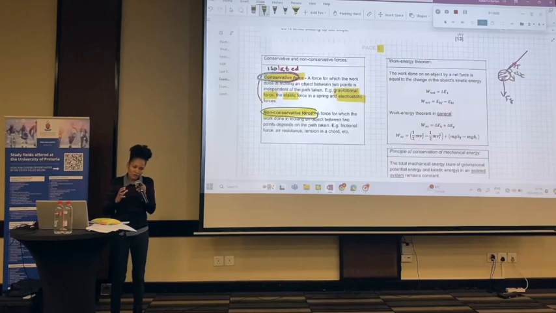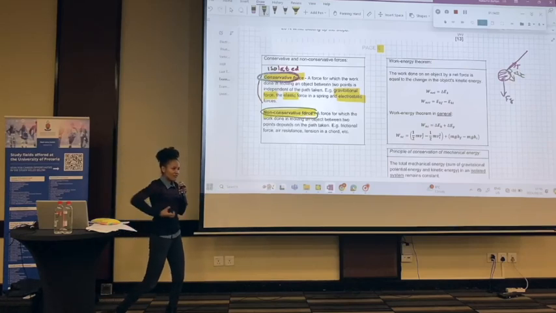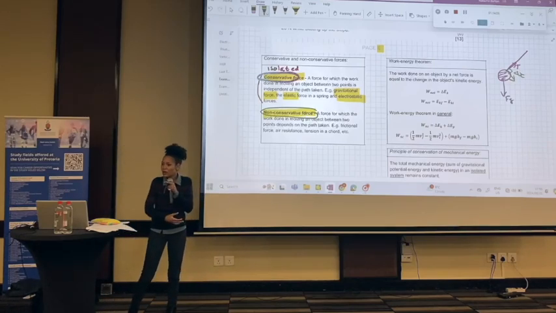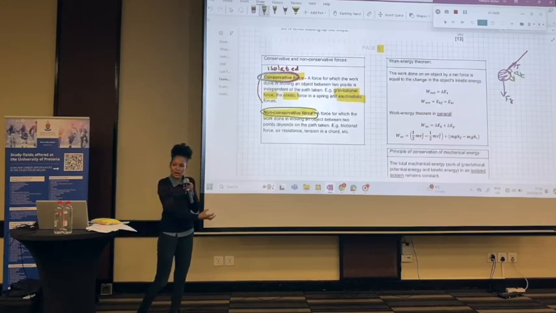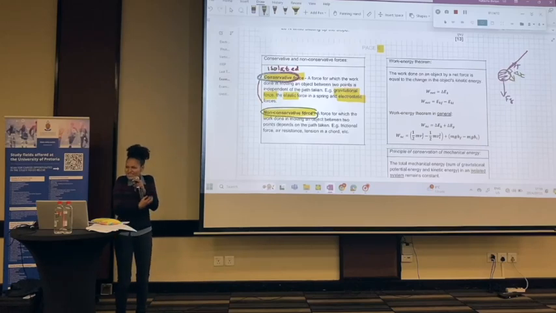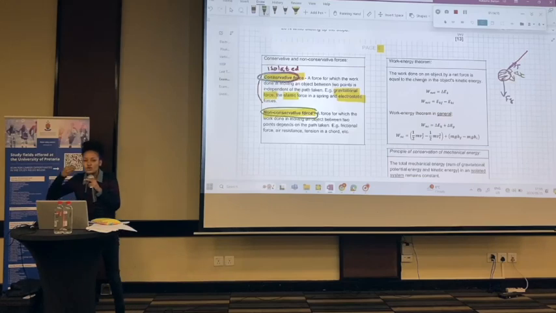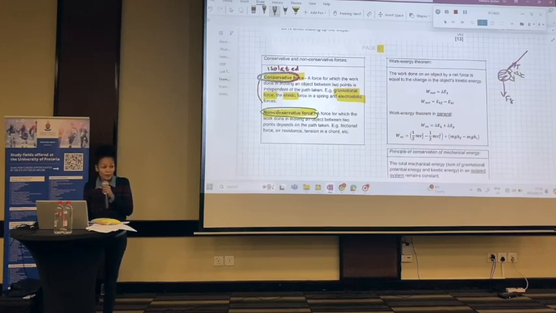If we have a block on the ground and we push it, and we give it a certain amount of kinetic energy, but there's friction, what's going to happen is that our block is going to slow down, because this friction force is taking mechanical energy out of the system. That is why it's non-conservative. Okay, so now that we understand that, if we speak about non-conservative forces, friction force, which you guys are familiar with, we rarely have air resistance, so we can do funny things.